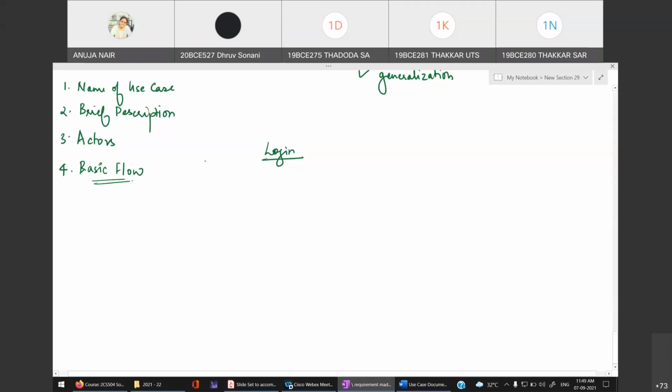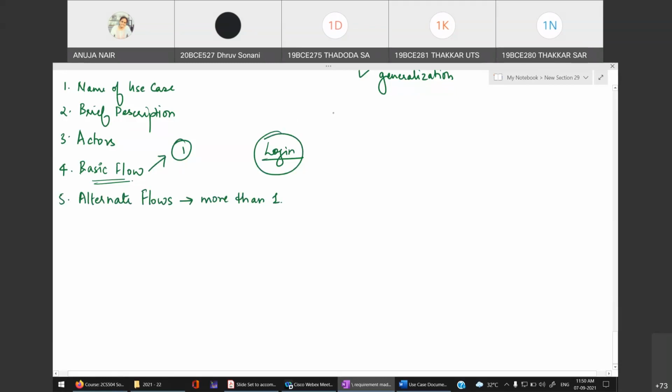That is my basic flow, right? And then I have alternate flows. Basic flow would be only one single, and alternate flows would be more than one, because let's talk about login itself.